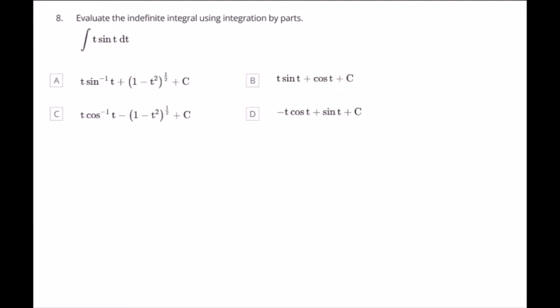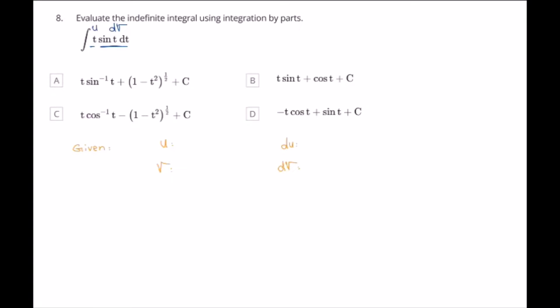Evaluate the indefinite integral using integration by parts: the indefinite integral of t sine t dt. At first, we will have to indicate which is u and which is dv. The first function we have here is u, and the second function we have here is dv. Now we can tell the given u, du, v, dv.